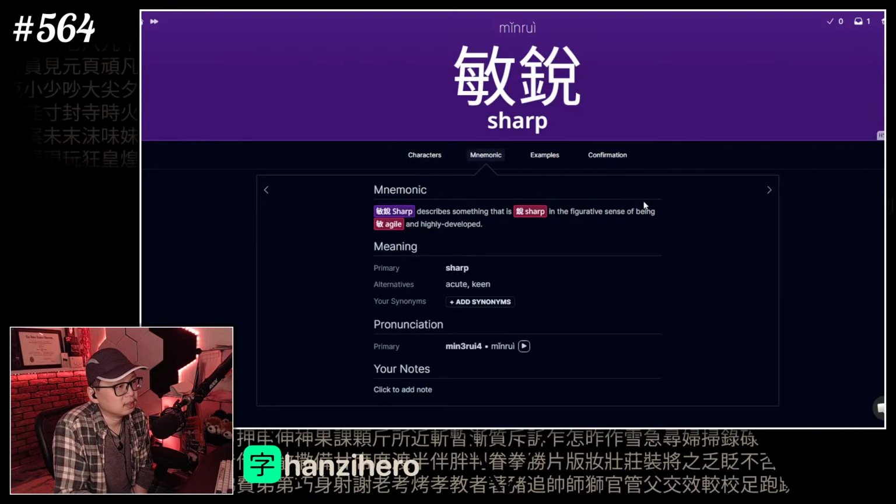Ming Ray. Keen, acute. Oh, perceptive. Actually, sharp, maybe perceptive. Perceptive is good too, as opposed to dexterous. It kind of feels like it's a combination of dexterity and perception. Dexterity is involved in perception checks, so they're both kind of in line.